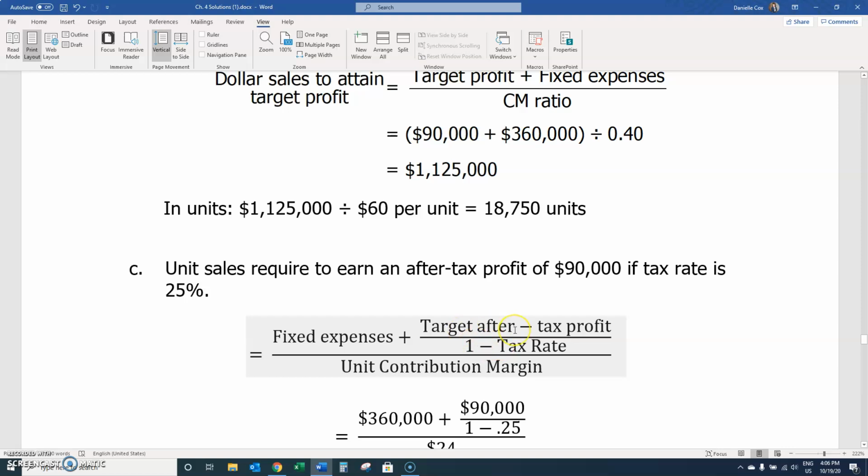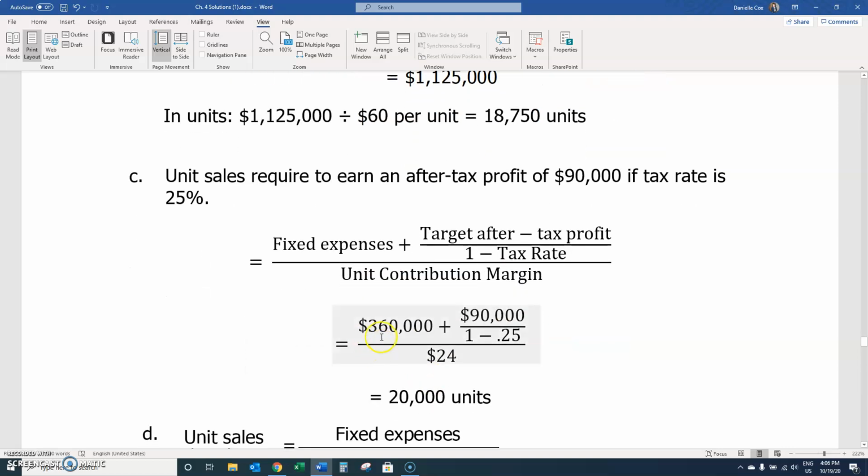So it's your after-tax profit that you're hoping to get divided by 1 minus the tax rate, and then the rest of it is the same. So 360 fixed expenses, target profit after tax was 90,000, 25% tax rate. So 1 minus 0.25. Contribution margin per unit was 24, so you need to sell 20,000 units.